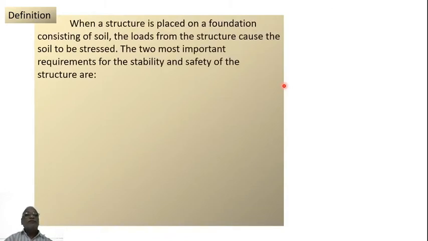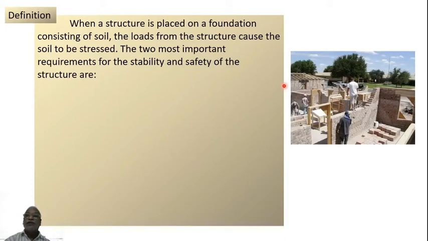So when a structure is placed on a foundation consisting of soil, the loads from the structure cause the soil to be stressed. The two most important requirements for the stability and safety of the structure will be listed.